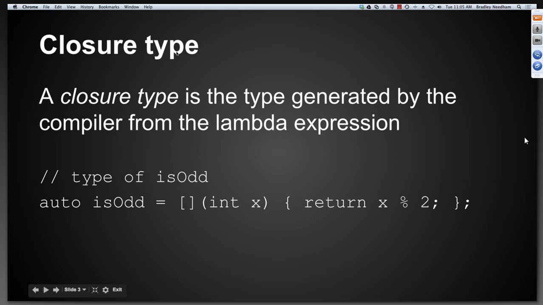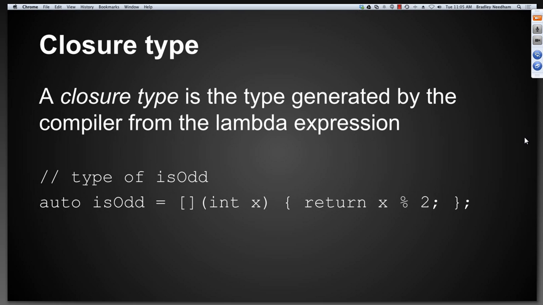So when you listen to people talk about the closure type, and in most cases when we're dealing with lambdas, there's a difference between the lambda expression, which is really just the syntax for writing the lambda, the closure type, which is the class that's generated for that lambda expression, and then the actual closure, which is basically an instance of the closure type.